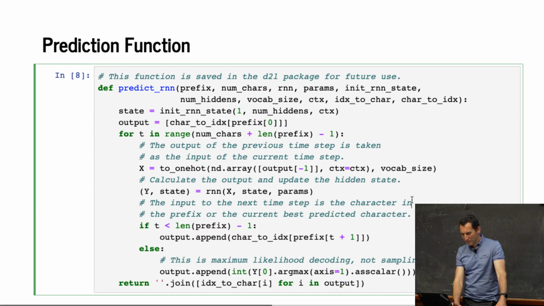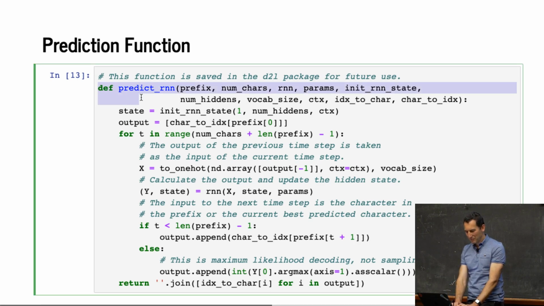And so then, the last thing I need is some prediction function. So predict RNN takes actually a lot of arguments. It takes some string prefix, number of characters that it should generate, the RNN itself, number of parameters.